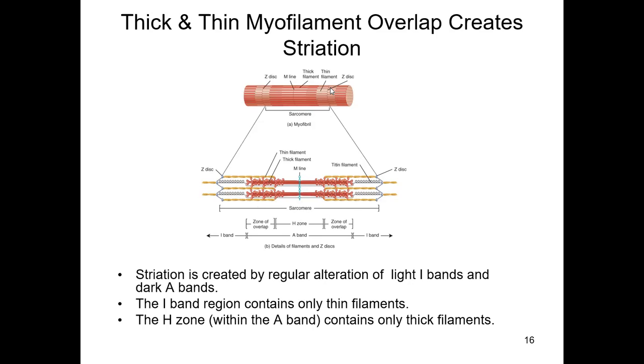When you take a look at this portion here, the banding pattern is forming a light, or I band, and towards the middle of the sarcomere, where the thick and thin filaments are found overlapping, we find a much darker band. This is the A band. And we mentioned this in the lab, the alternating A and I bands provide the structural basis for striation.